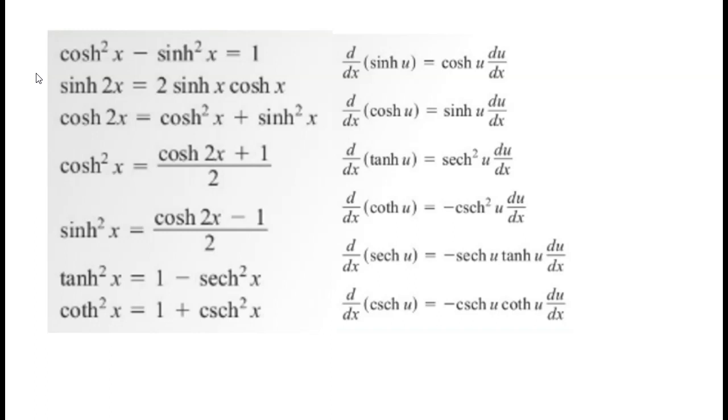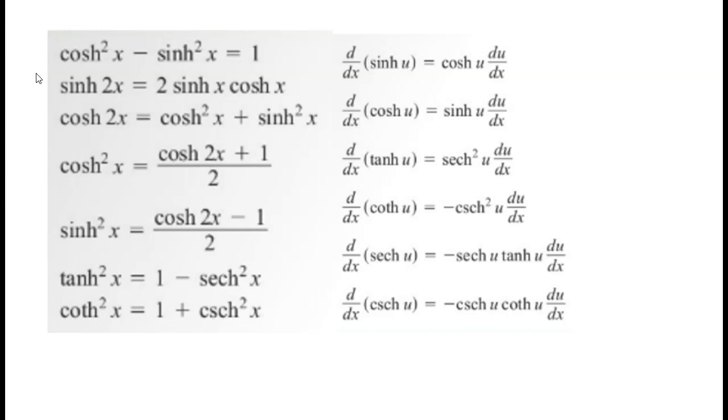We get that because regular trig is based on the unit circle, and the formula for the unit circle is x squared plus y squared equals 1. Hyperbolic functions are based on a hyperbola, which has the subtraction in the middle. So the hyperbolic trig identity is cosh squared of x minus sinh squared of x equals 1.